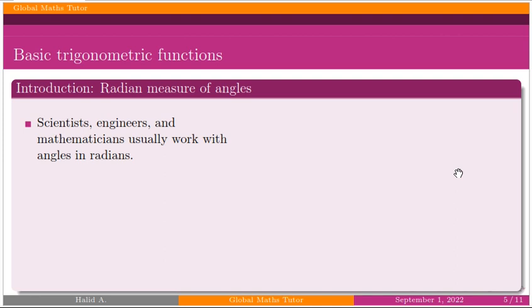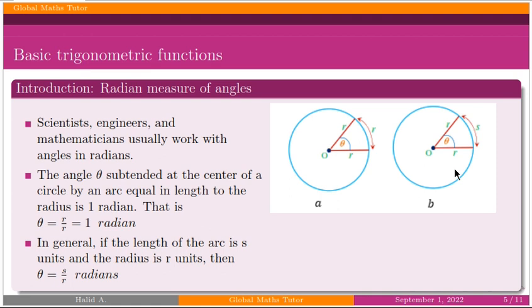In measuring an angle, not only degrees are usable. Scientists, engineers and mathematicians usually work with angles in radians, so we have to define what a radian is. If the angle theta is subtended at the center of a circle by an arc length equal to its radius, then we call it 1 radian. So when we say 1 rad, we mean the angle theta subtended at the center by an arc length equal to the radius.